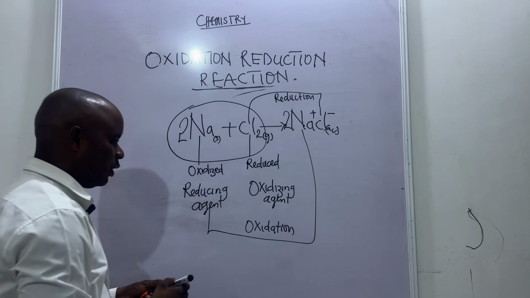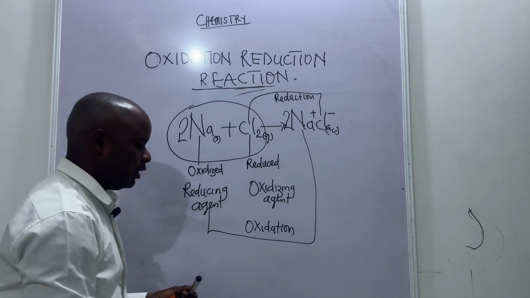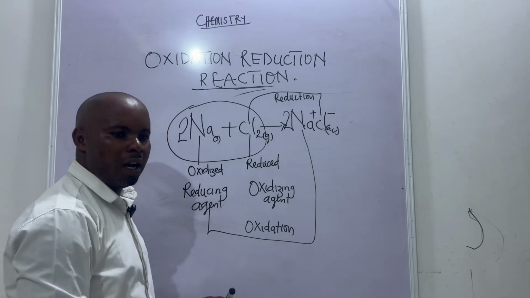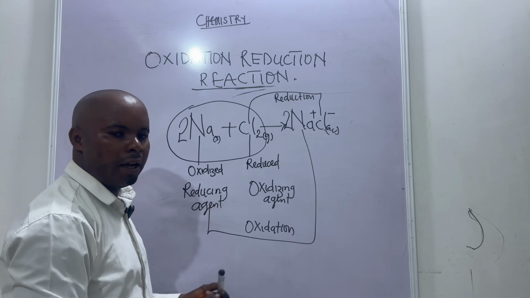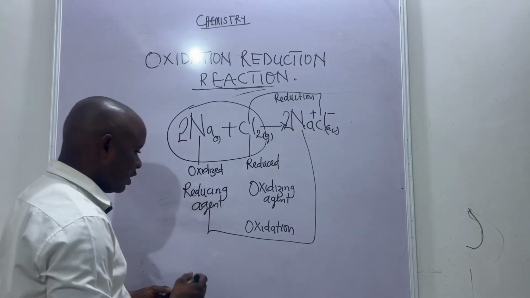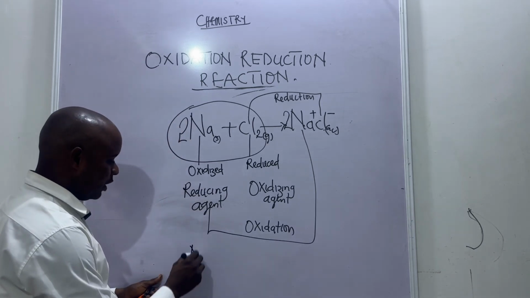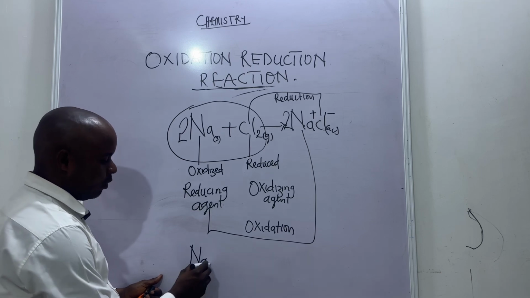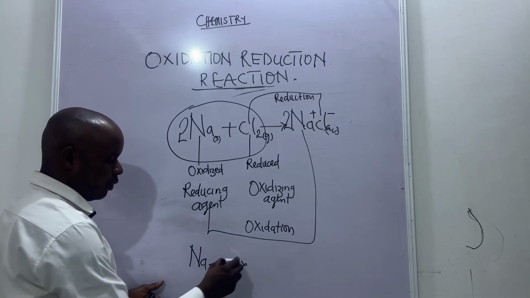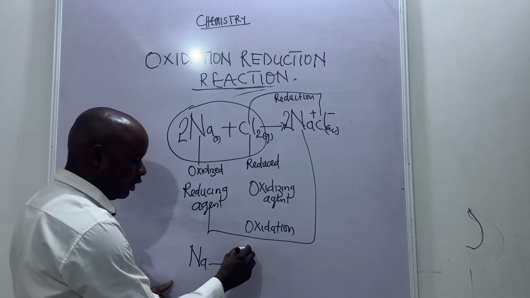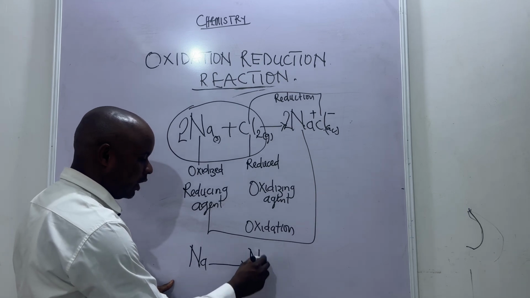So if peradventure you are asked which of the following equations represent oxidation and which represent a reduction reaction, by so doing, if we have sodium, for instance, when sodium undergoes oxidation, I'm going to have sodium ion when it gives up an electron.